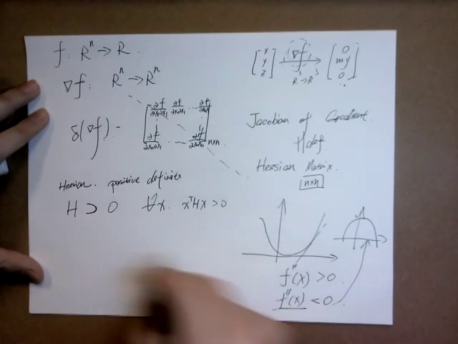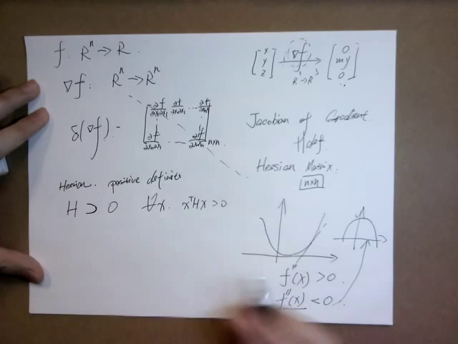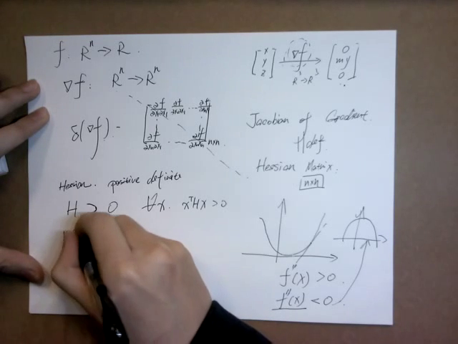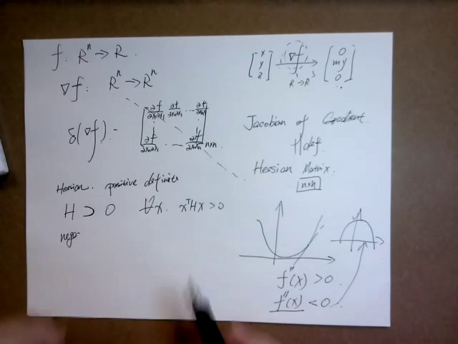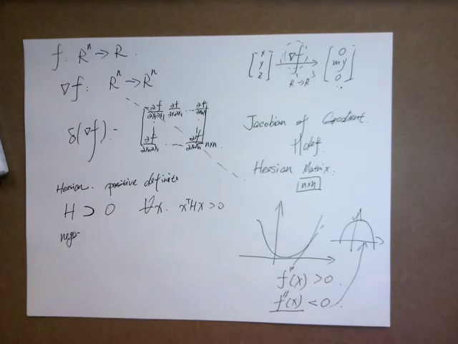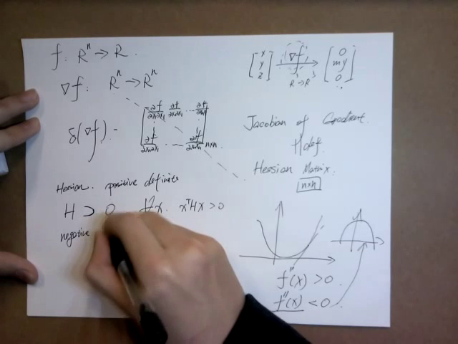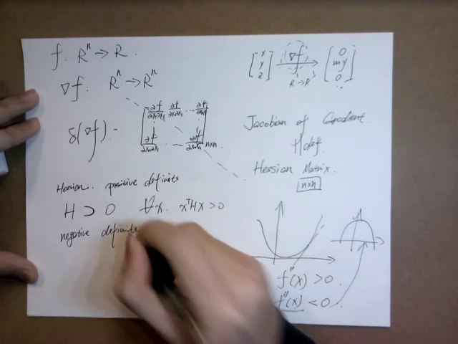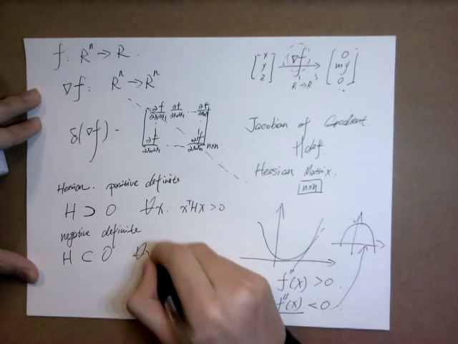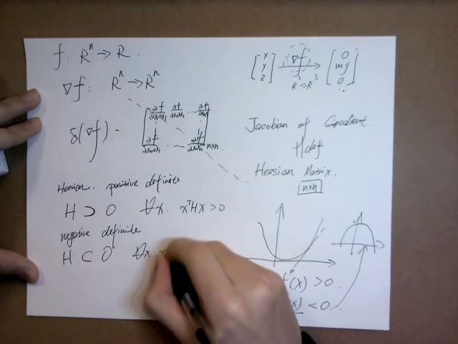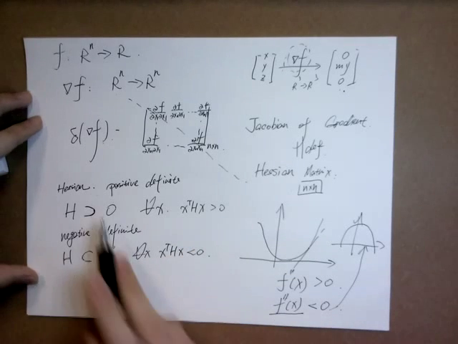If the Hessian matrix is positive definite, then the function f is convex. And if it's negative definite, which means that for an arbitrary vector x, x transpose Hx is less than 0, then the function f is concave.